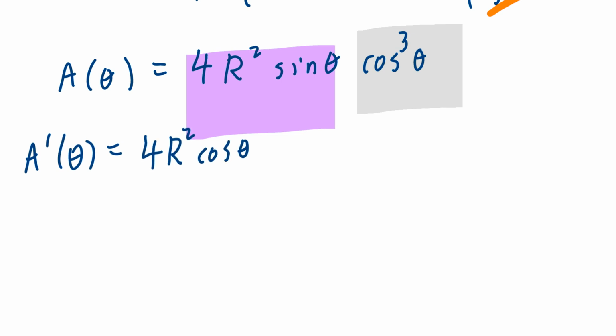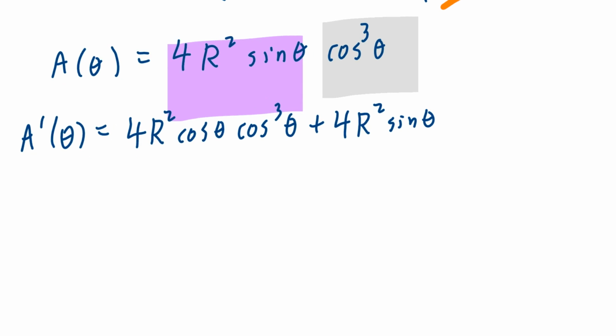Step 2, copy the second part, cosine theta to the power of 3, plus copy the first part, 4r squared sine theta times the derivative of the second part. Again, don't forget the chain rule. So you bring the 3 to the front, copy cosine theta to the power of 2 times the derivative of cosine theta, which is negative sine theta.